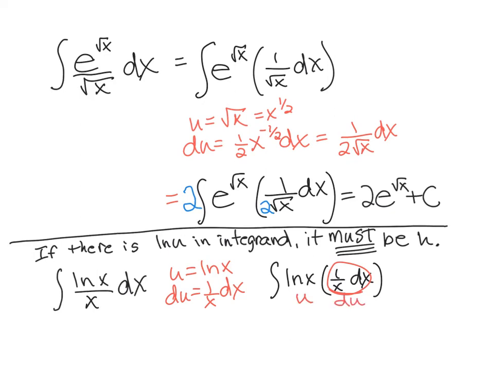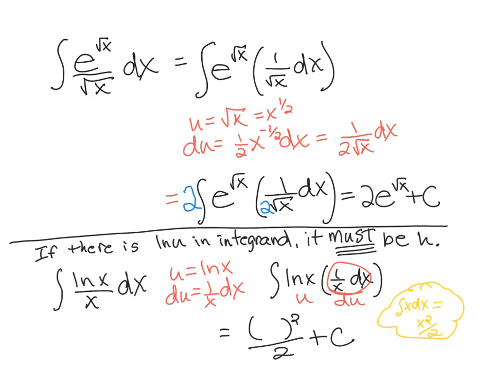How in the world do you integrate u du? Well, over here in my little thought bubble, how do you integrate x dx? Well, you just make it x squared over 2, right? Well, this is the same thing. We're integrating u du, so we're just going to integrate it the same way that we would if we had x dx, and we're going to add 1 to the power, divide by the power, plus c.